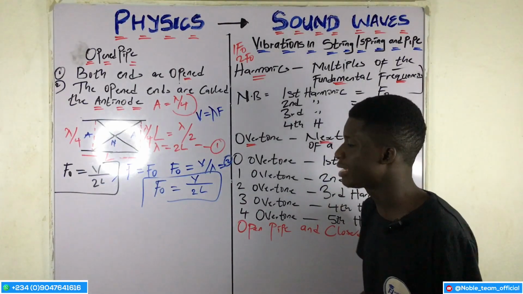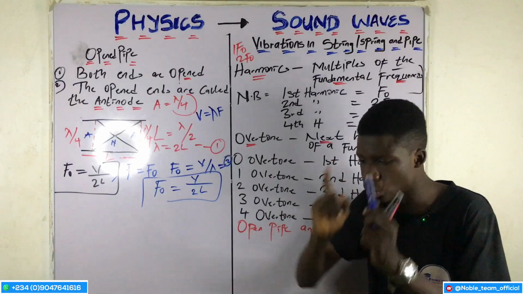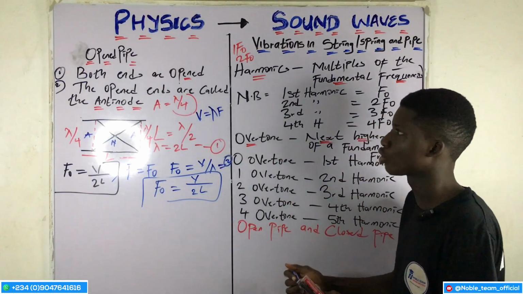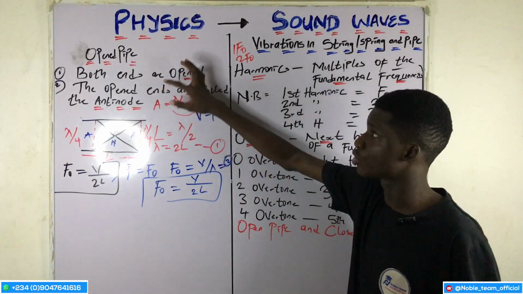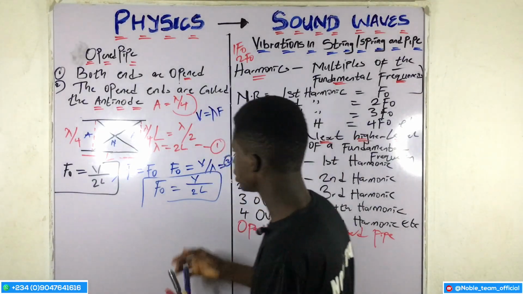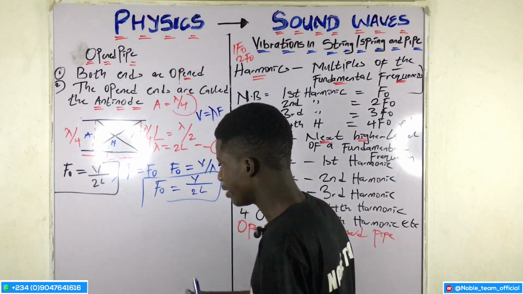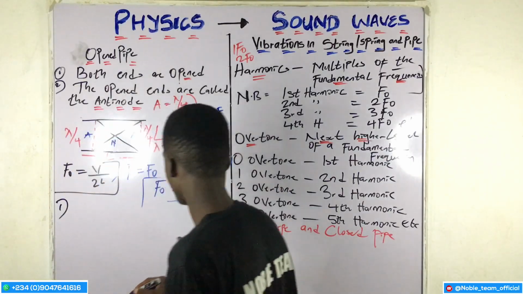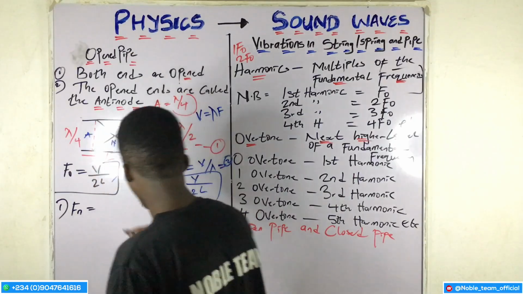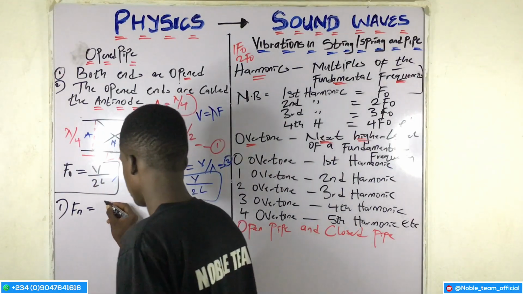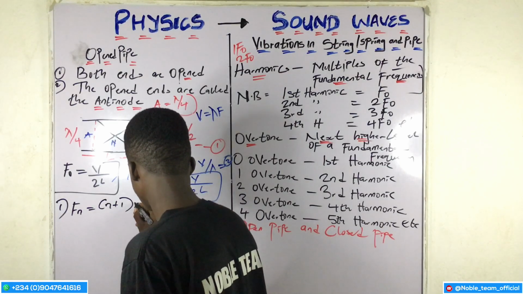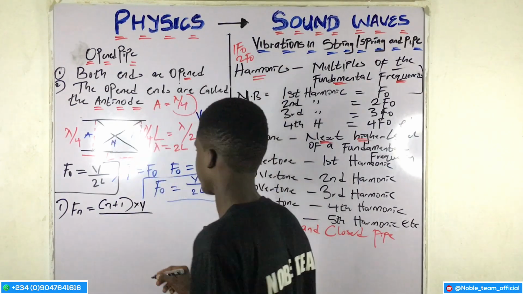Okay, good. Now the next one, an important formula you need to take note of. Once you know this formula, you are good to go in solving any question that comes your way in an open pipe. Now, since we have this, we can simply say formula 1, that my Fn is equal to, follow me, n plus 1 multiplied by velocity divided by 2L.